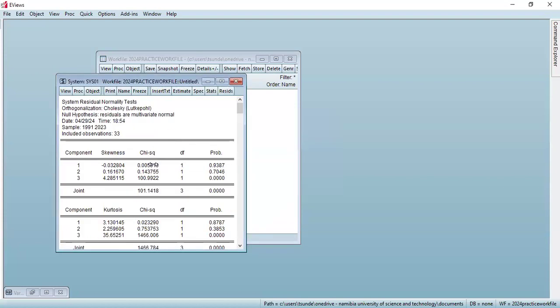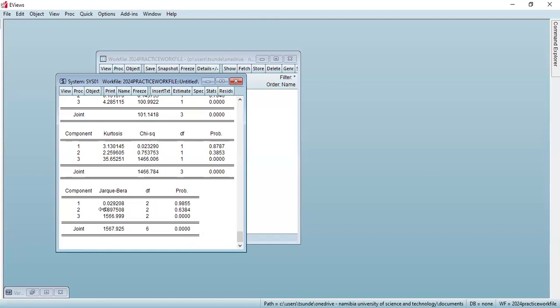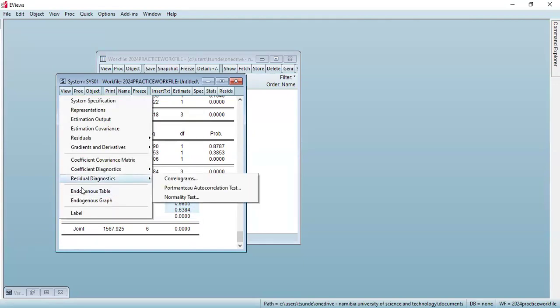And the normality test is telling us that there is no normality problem in equation 1 and equation 2, but there is a normality problem in equation 3 because the probability is less than 5%. The other two have probabilities that are greater than 5%. So we have a normality problem in one of the equations, the last equation, not the first two equations. So that's one diagnostic test that you can do.